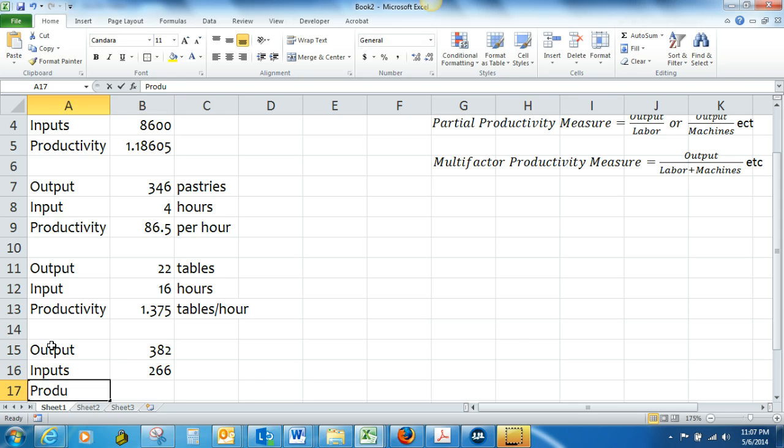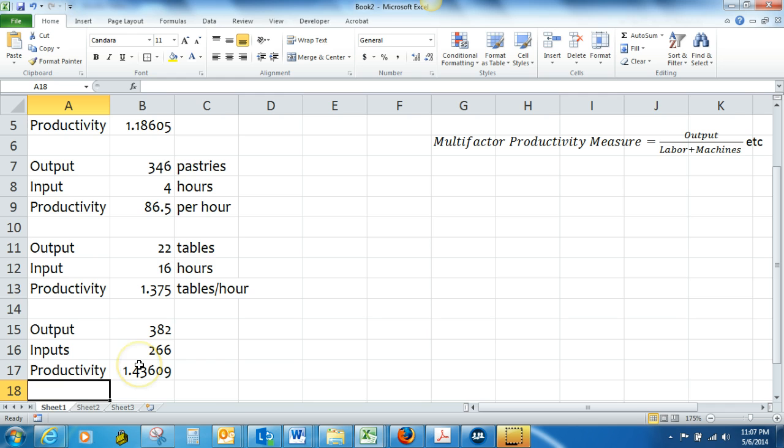So we can measure productivity again by just dividing. And we should have the same answers they have in the book. And that's all we have to do productivity. Simple calculation of division.